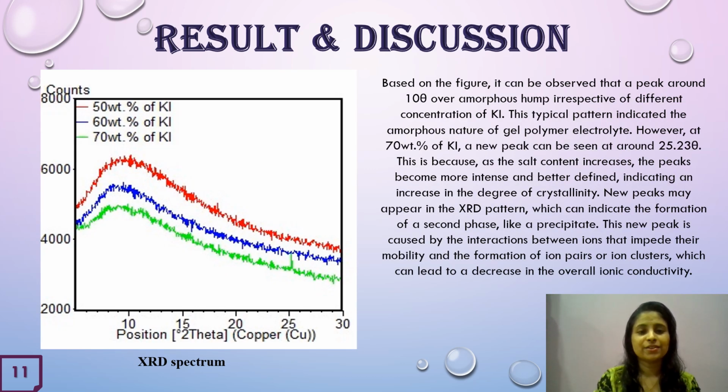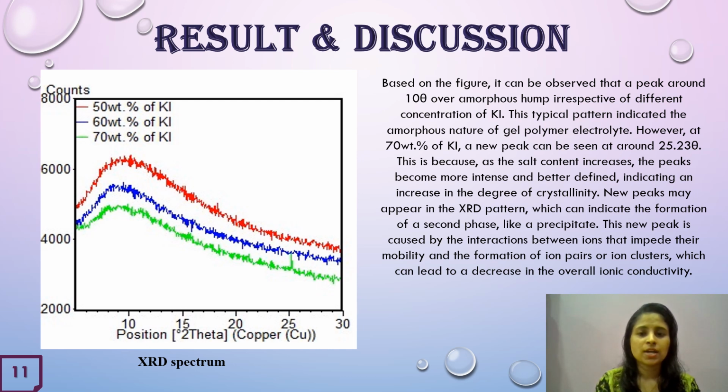Lastly is the XRD analysis. Based on the figure, it can be observed that a peak around 10 theta over an amorphous hump appears irrespective of the different concentrations of potassium iodide. This typical pattern indicates the amorphous nature of the gel polymer electrolyte. However, at 70 weight ratio percentage of potassium iodide, a new peak can be seen at around 25.23 theta.